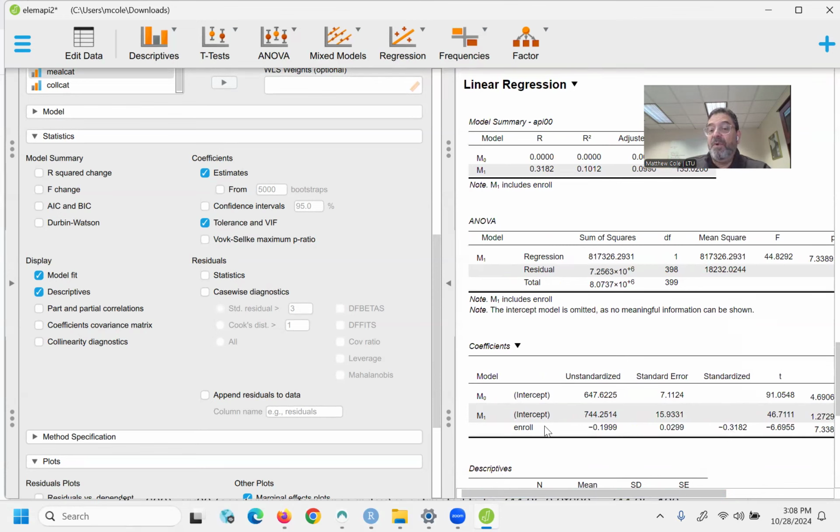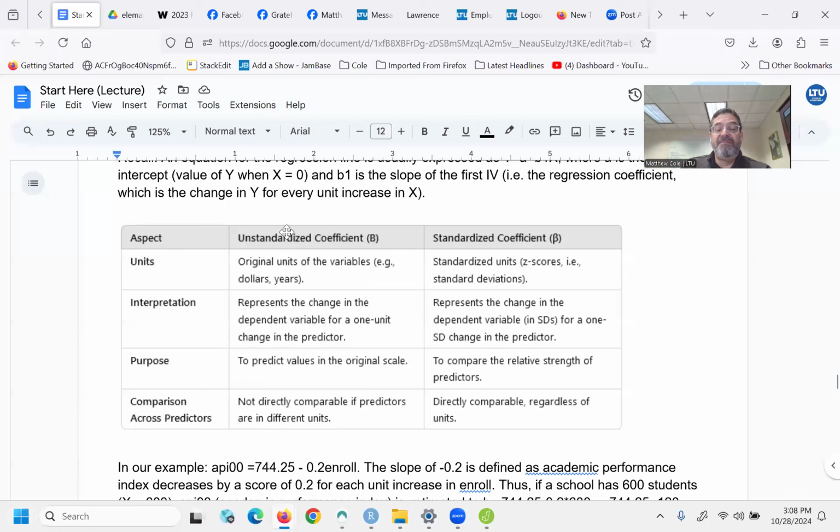So as we drop one standard deviation in enroll, we drop by a score of negative 0.318. And when we compare multiple predictors, standardized becomes helpful because then we can compare them next to each other as a standardized magnitude rather than in the units of the dependent variable. And I've laid that out for you here.